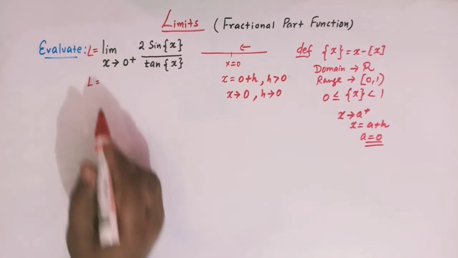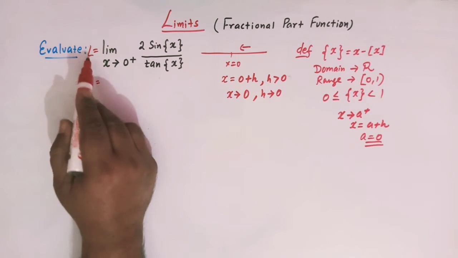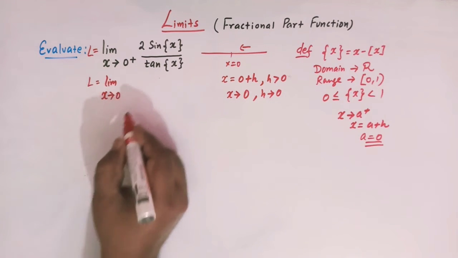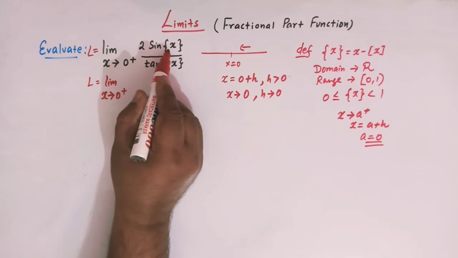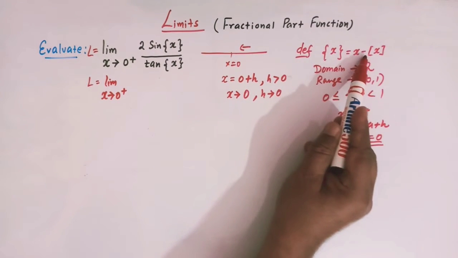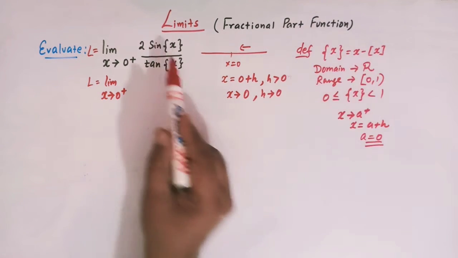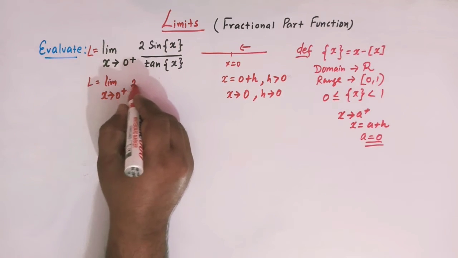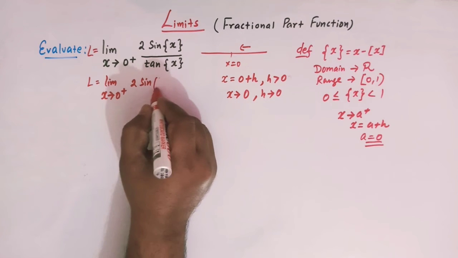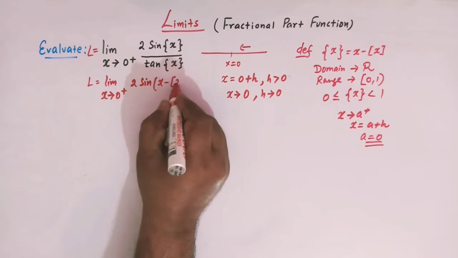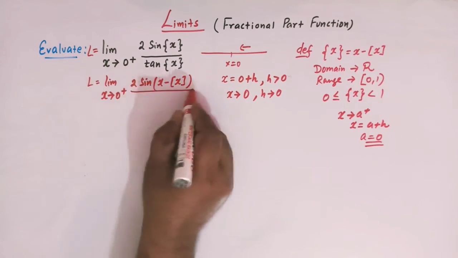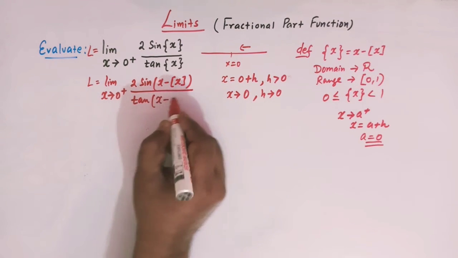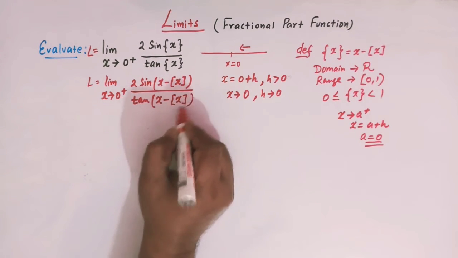Now let us write this limit L as the limit x tends to 0 plus, writing x minus greatest integer of x for the fractional part of x. So we have 2 sine of x minus greatest integer of x, and in the denominator tan of x minus greatest integer of x.